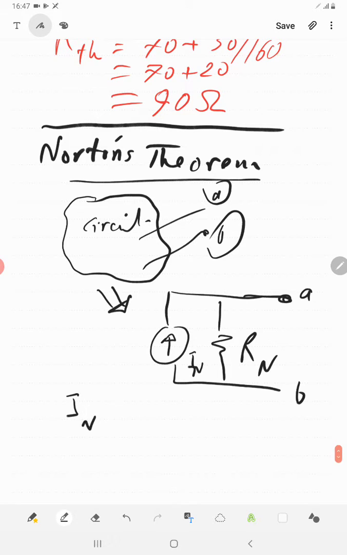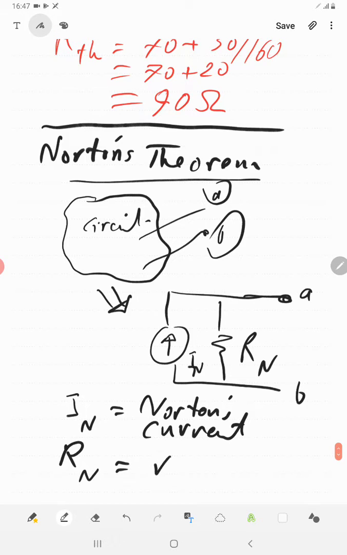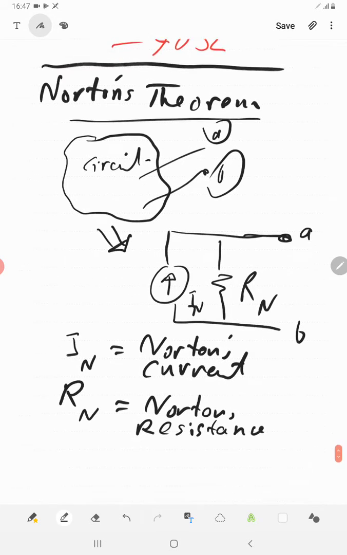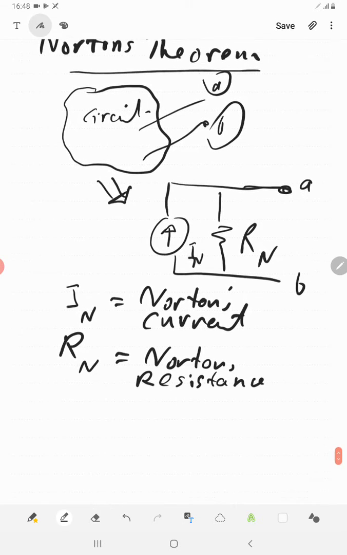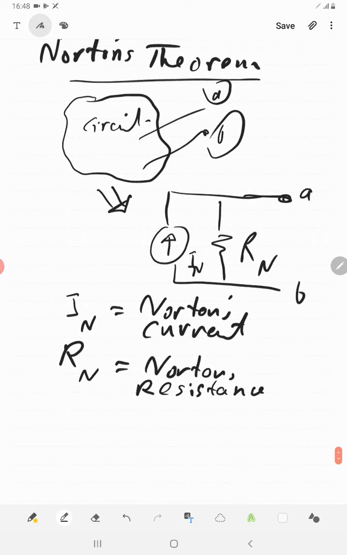So In is equal to Norton's current, and Rn is equal to Norton's resistance. Now how we determine Norton's current and Norton's resistance is almost the same way as we did with Thevenin's theorem.